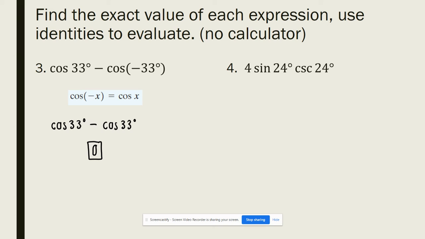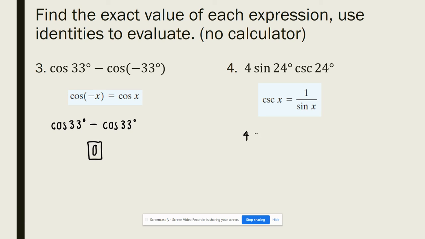In the next one, if we have 4 times sine of 24 degrees times the cosecant of 24 degrees. Well, there's 2 trig functions here. They're all being multiplied. Sine and cosecant have a relationship. Remember, they are reciprocals. So essentially, we get to replace cosecant of 24 degrees as the reciprocal 1 over sine of 24.